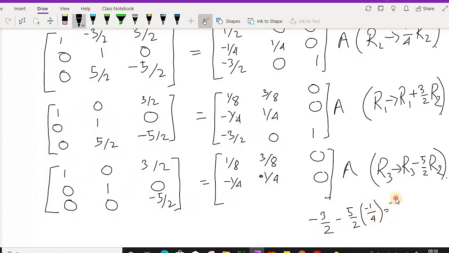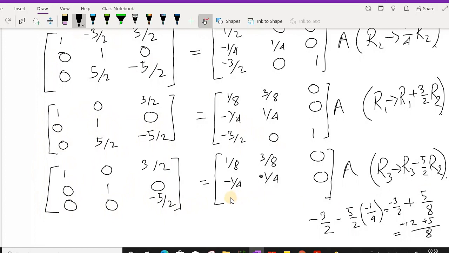So you calculate this. This will be minus 3 by 2 minus minus, plus 5 by 8. So this will be what? 12, right? Minus 12 plus 5 divided by 8. So minus 12 negative. Okay, that's good.